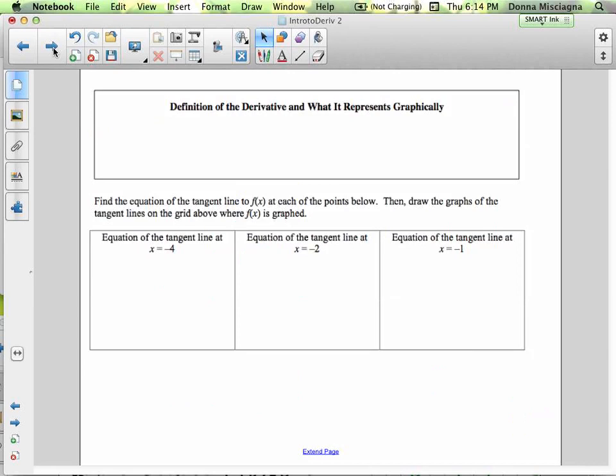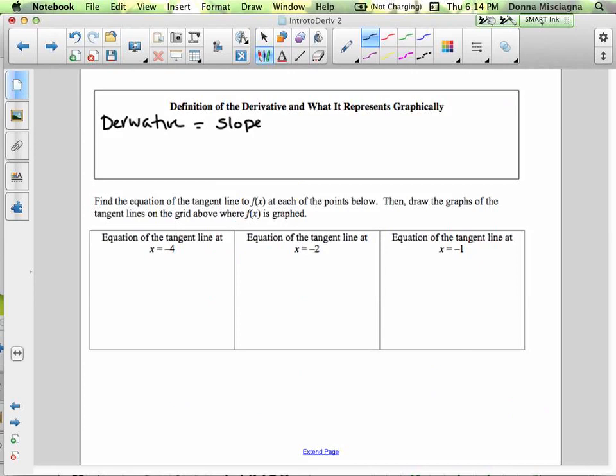Right, so the definition of the derivative and what it represents graphically, you can add this to your notes. The derivative equals a slope of the tangent line for a given value of x.